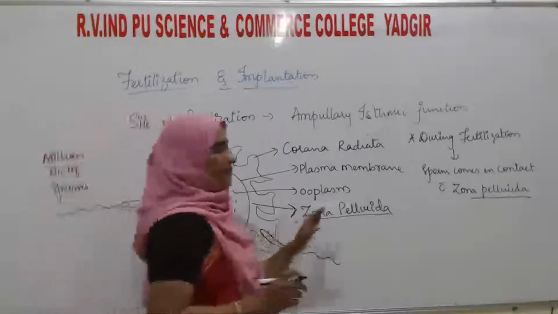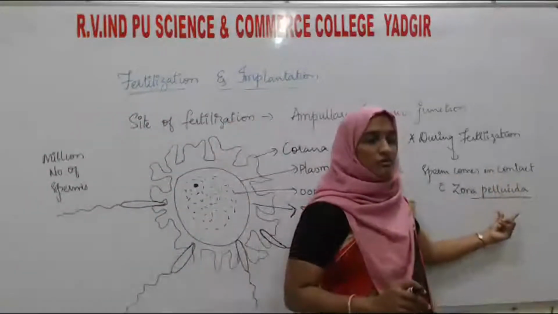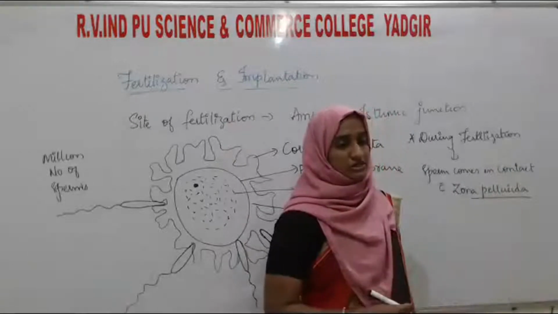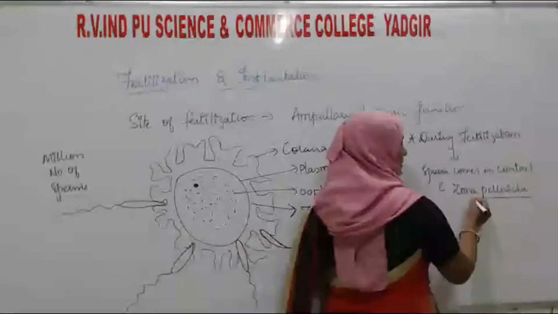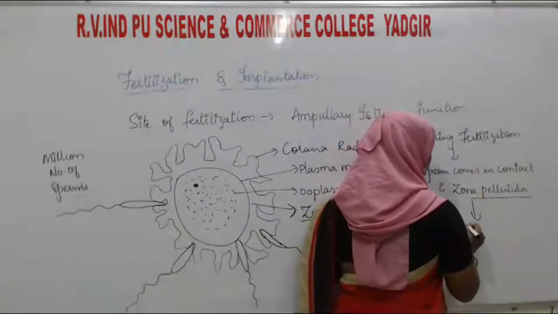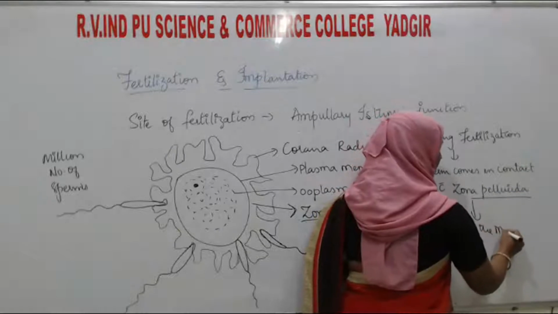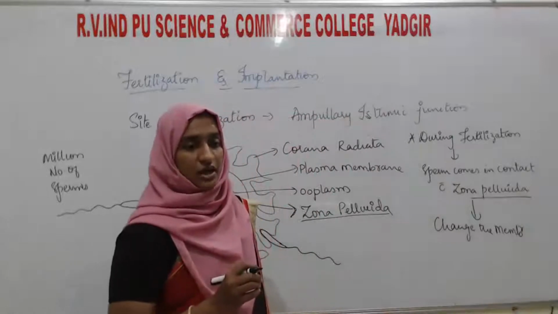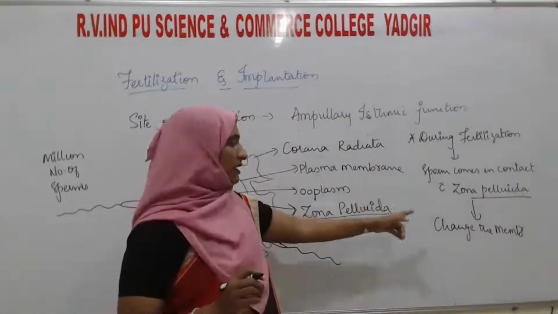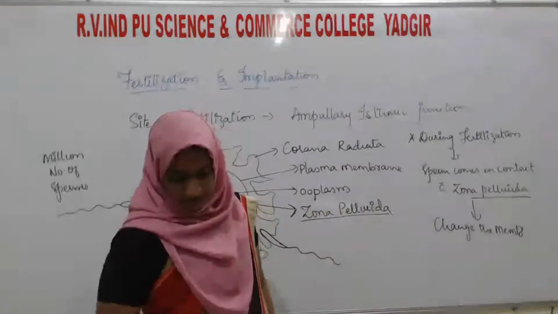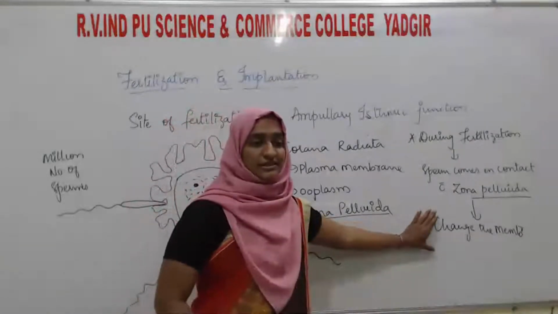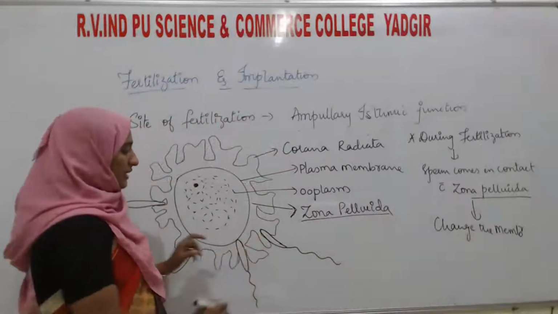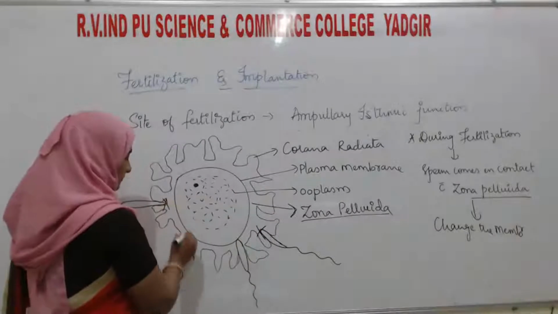When coming in contact with the zona pellucida, this layer or membrane will cause some changes. So, due to the changes in the membrane, the zona pellucida will block the entry of the other sperms.